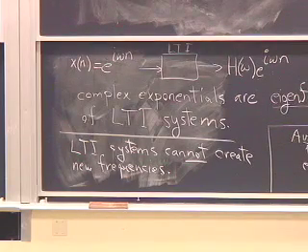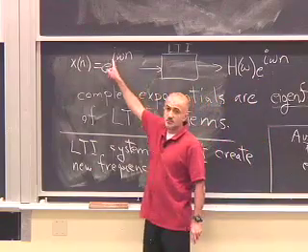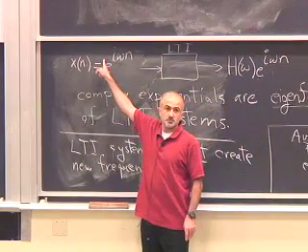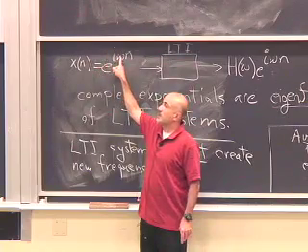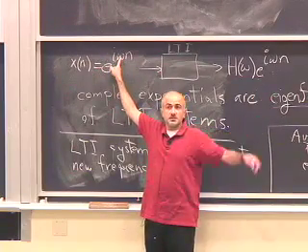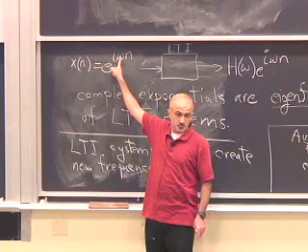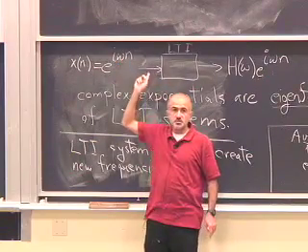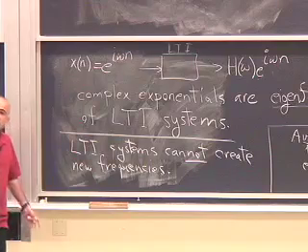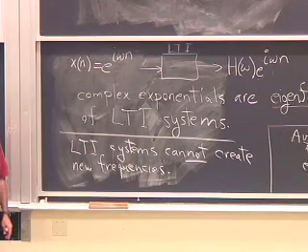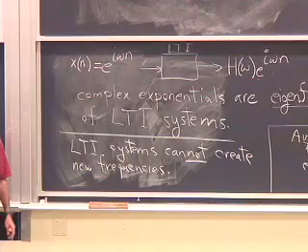What happens when I send an e to the I omega n into a square? You get e to the I 2 omega n. So the frequency omega at the input has now been converted to 2 omega in the output. But LTI systems cannot create new frequencies. And you can use this to disprove LTI-ness of a system. Yeah?